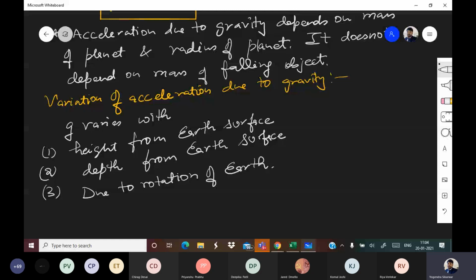Okay, so G also varies due to rotation of Earth, and due to that, at different places on Earth, the value of G is different because of rotation of Earth. Okay, so let us see all of them one by one.